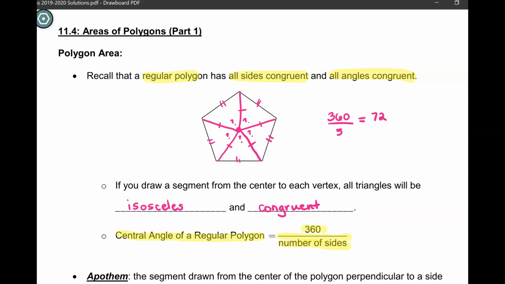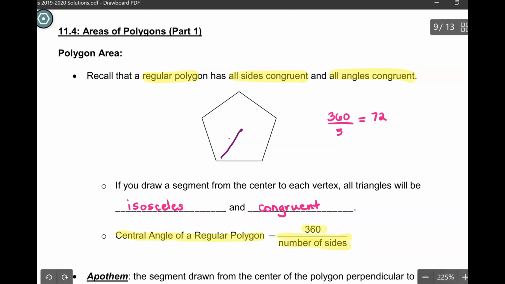Now, if this is 72, let me just erase a little bit. If we investigate one triangle, these two parts are congruent, and this is 72.